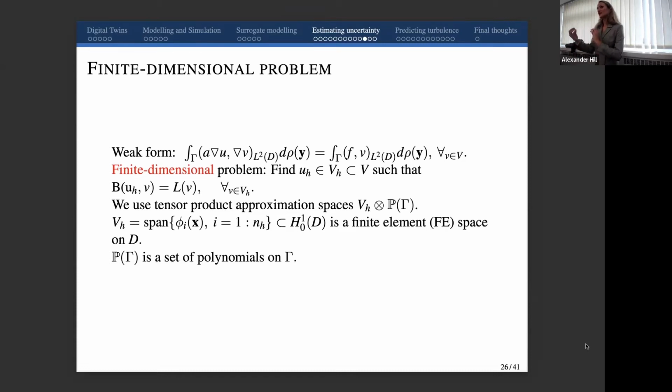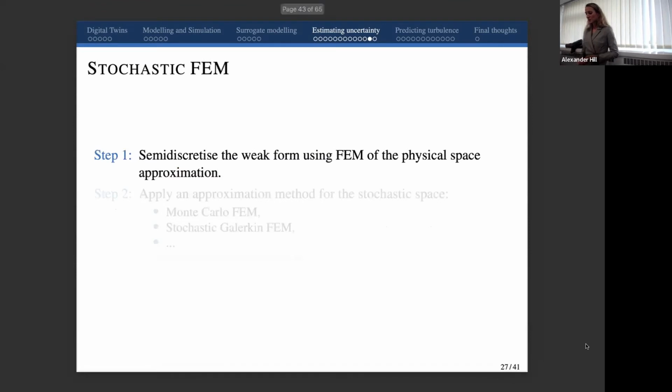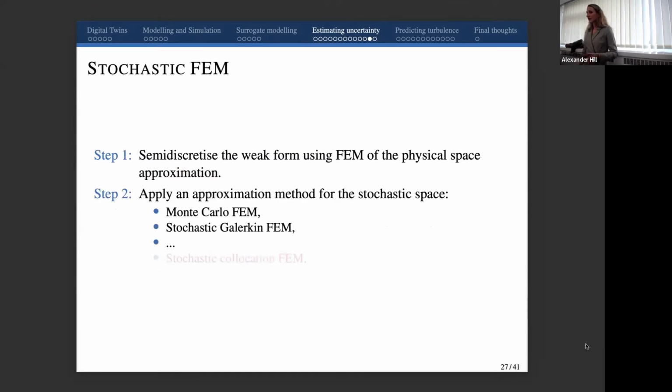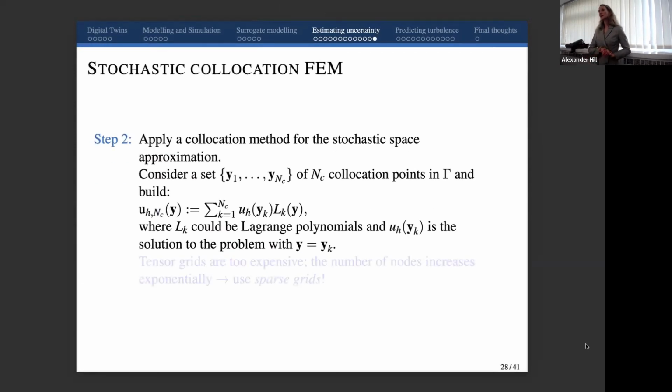Now we also have the parameter space that we need to discretize. So we need to be able to calculate this for the different values of y's. So what we're going to do, well, we can either work with Monte Carlo, so execute this finite elements solver that we just constructed for hundreds and hundreds of values of y, or we can use stochastic collocation, which in this case will be basically representing our problem as, again, sum of some kind of basis functions, in this case, polynomials, particular polynomials, Lagrange polynomials.